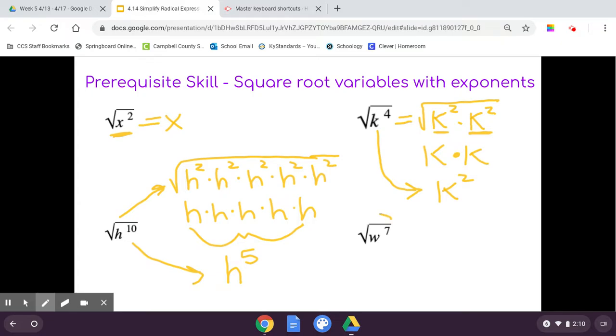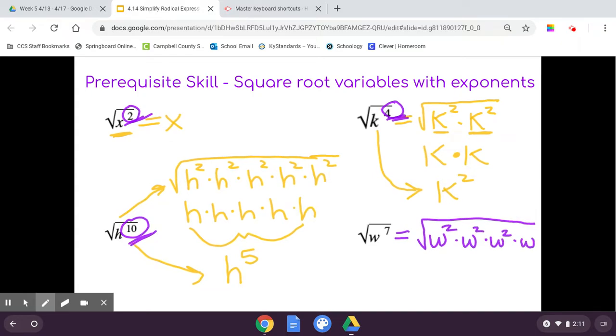All right, so this one has an odd exponent. So it's a little bit different than your other ones, where all those are even number exponents and this one is odd. So this is the same as w squared times w squared times w squared times just w.